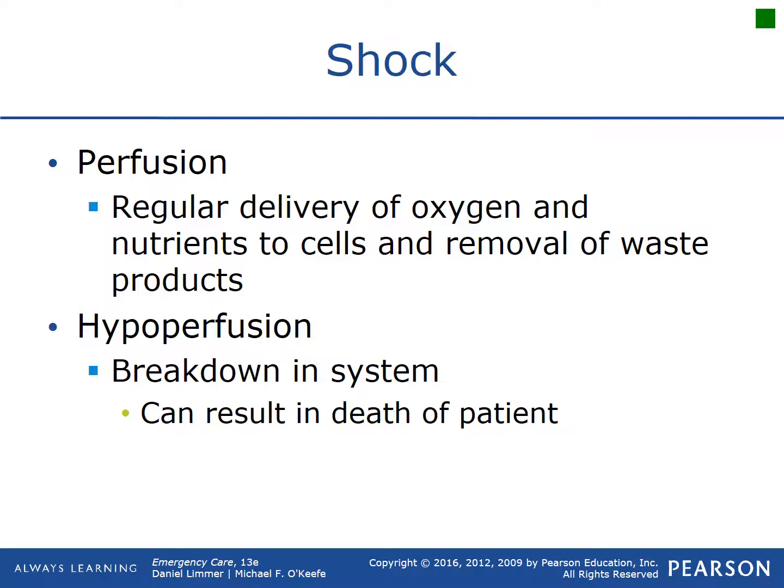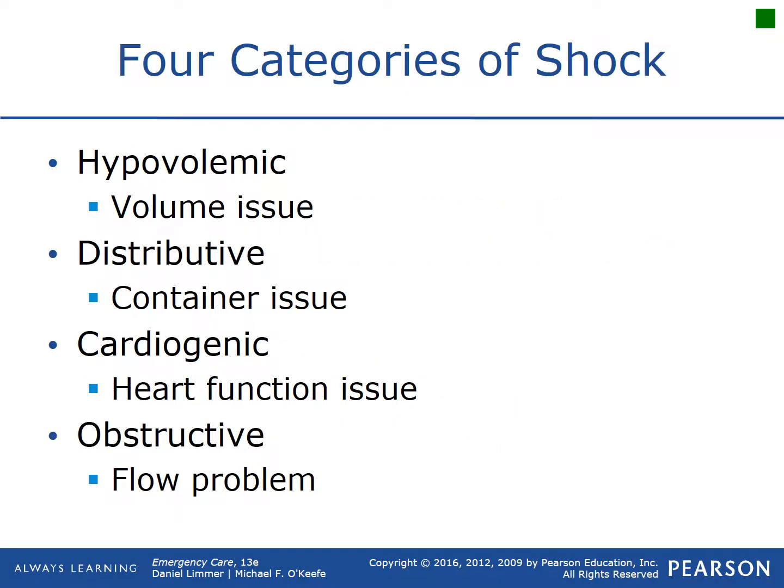So no perfusion, no circulating of that oxygen and all its nutrients and removal of that waste, removing the CO2 and all those bad byproducts of the Krebs cycle, getting all that stuff back out of the body. The inability to make perfusion happen appropriately is shock. Hypoperfusion is shock. So there are four basic categories of shock.